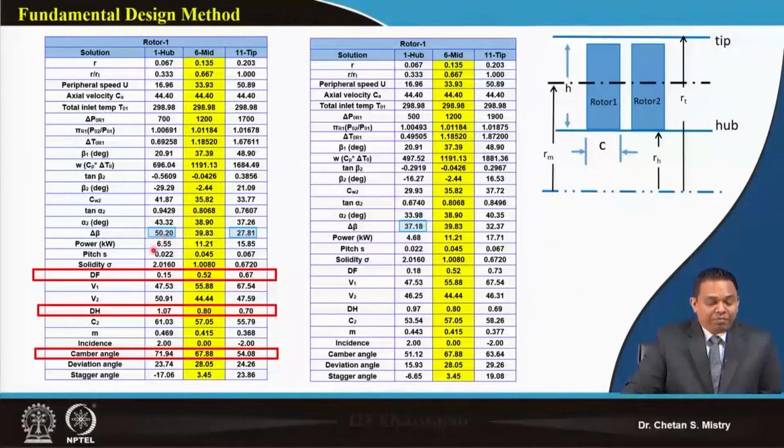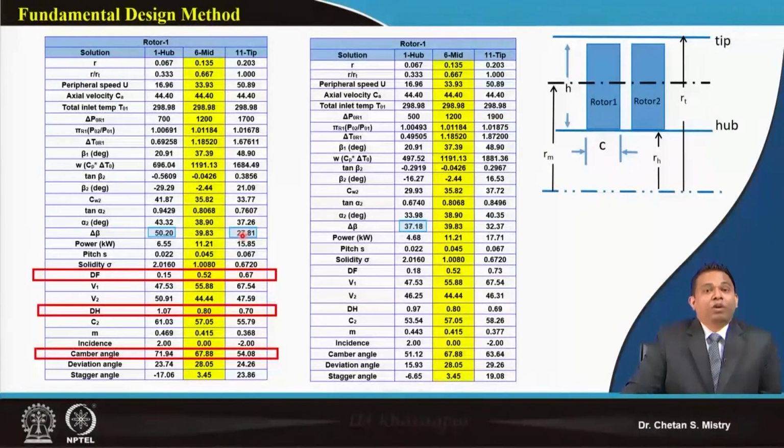At the same time, if you compare my delta beta at the hub, it is coming 50.20, which is too large. Similarly at the tip it is 27.81. So you can say the blade I will be making would be a highly twisted blade.